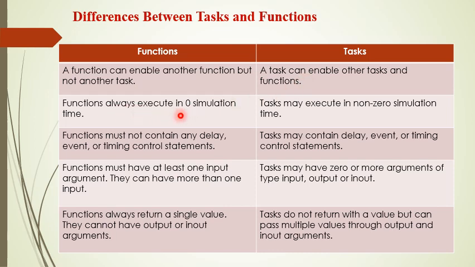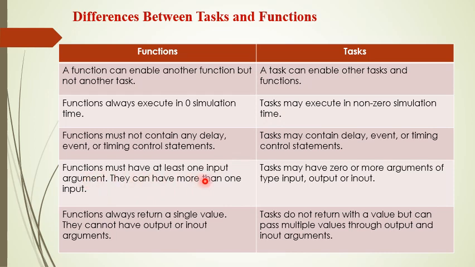A function always executes in zero simulation time, whereas tasks may execute in non-zero simulation time. This is because functions must not contain any delay, event or timing control statements, whereas all these are allowed in tasks. That is why tasks may execute in non-zero simulation time.